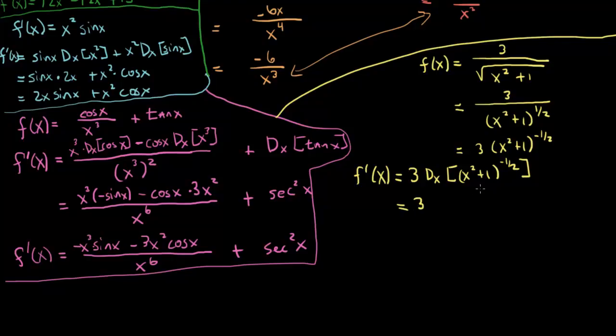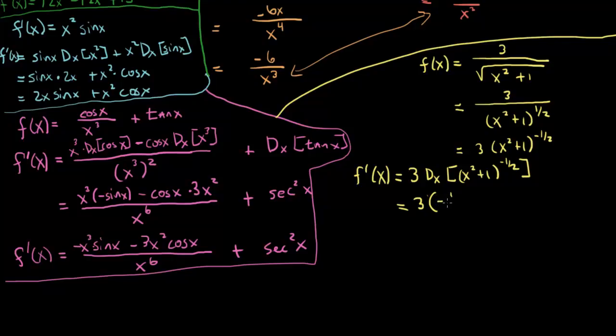Okay, so we have 3. Now, we can use what's called the generalized power rule, which says you essentially use the power rule as we know it, but then you have to multiply by the derivative of the inside function.